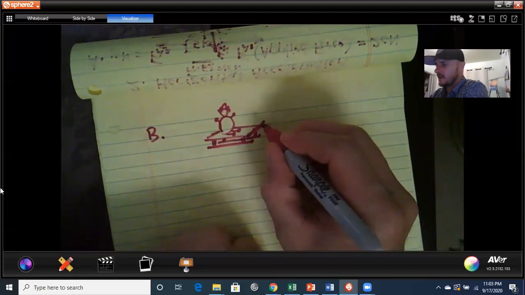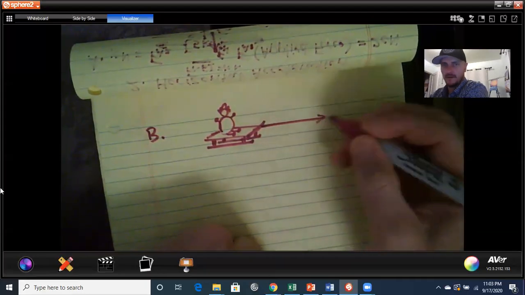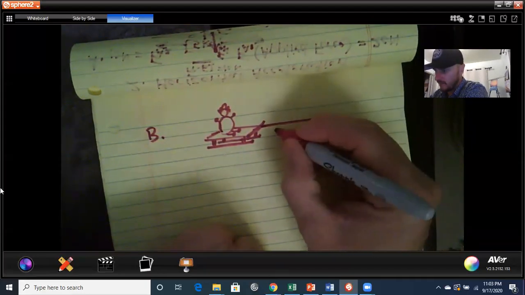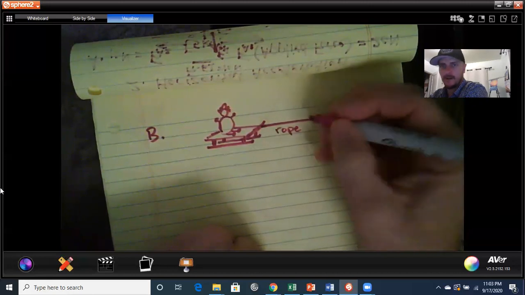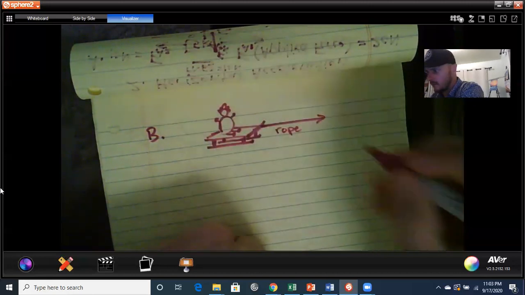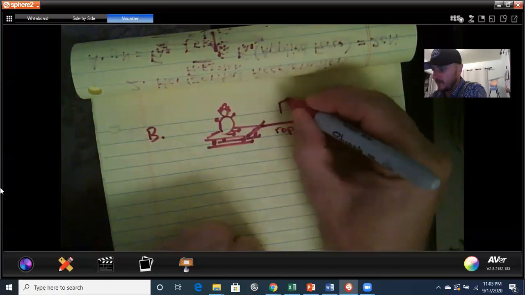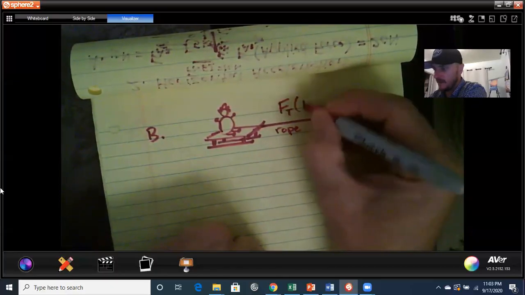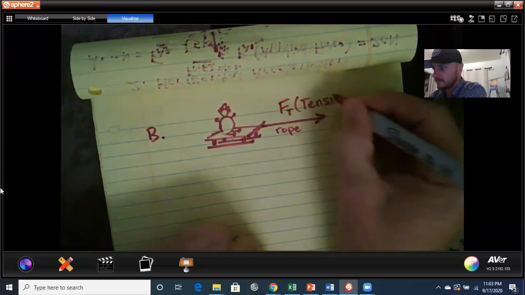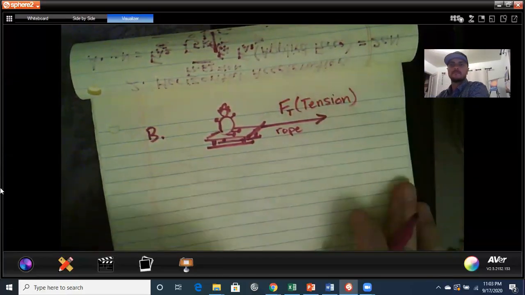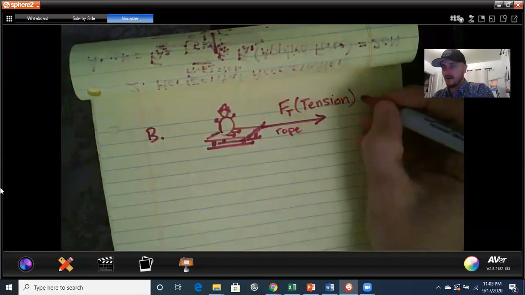So we got our baby here, and there's a rope. Oh, I'm going to introduce a new force to you. How exciting. There is a rope. And when we pull on a rope, we call that force a force of tension. So I'm going to put F sub T, and that is tension. Let's define it right now.